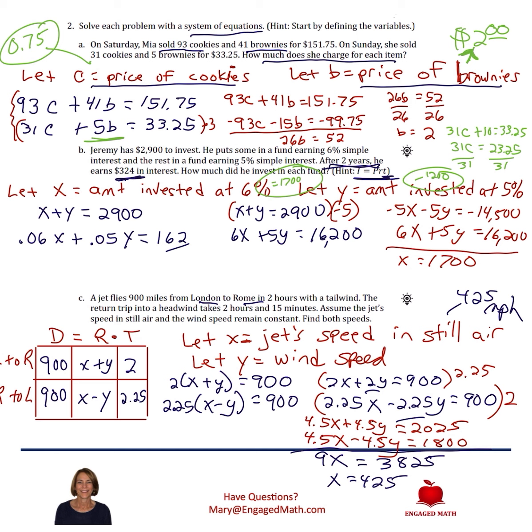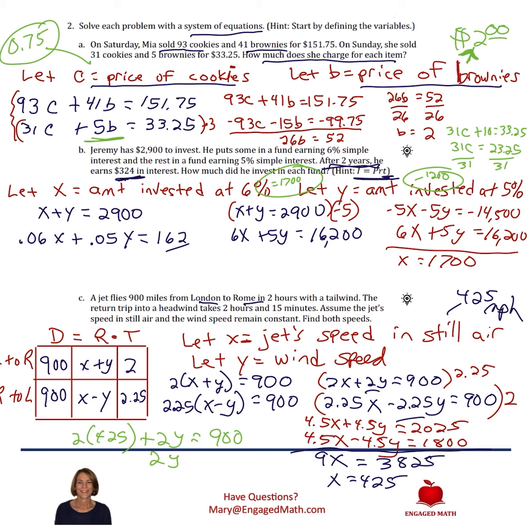And then to get the value of y, we can take any of these equations and solve for the y variable. So I'm going to do that right here for you in a different color. I'm going to use the equation 2x plus 2y equals 900. So we know x is 425. So 2 times 425 plus 2y equals 900.